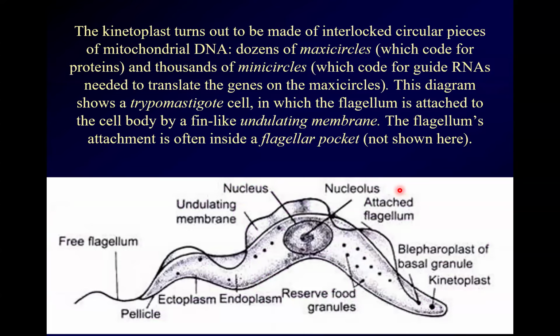And it turns out that the kinetoplast is made up of a whole bunch of interlocked circular pieces of mitochondrial DNA. There is a large mitochondrion right where that flagellum attaches, and the kinetoplast is a big lump of mitochondrial DNA. You've got dozens of coding circles of DNA called maxicircles, and thousands of much smaller circles called minicircles.